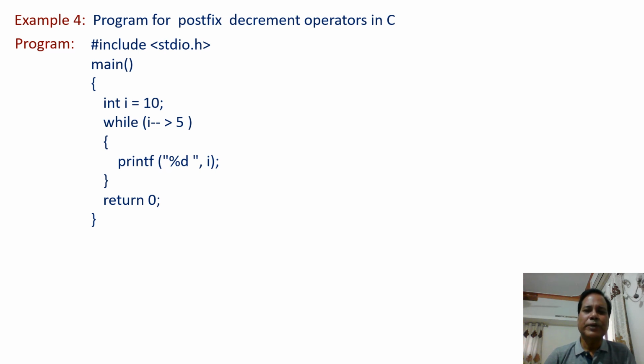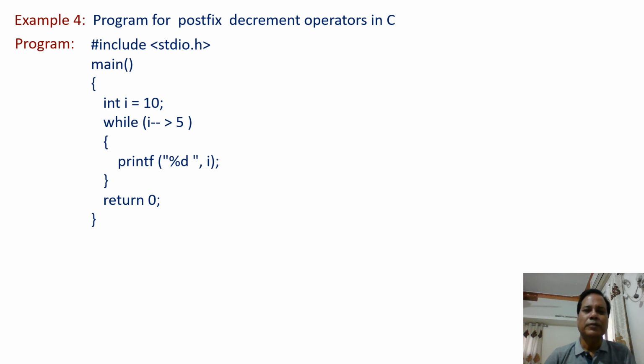Then what is the present value? I is 9. 9 is compared with 5. Again it is true, and then the body of this loop is executed, and the current value of I, that is 8, is printed at this point.